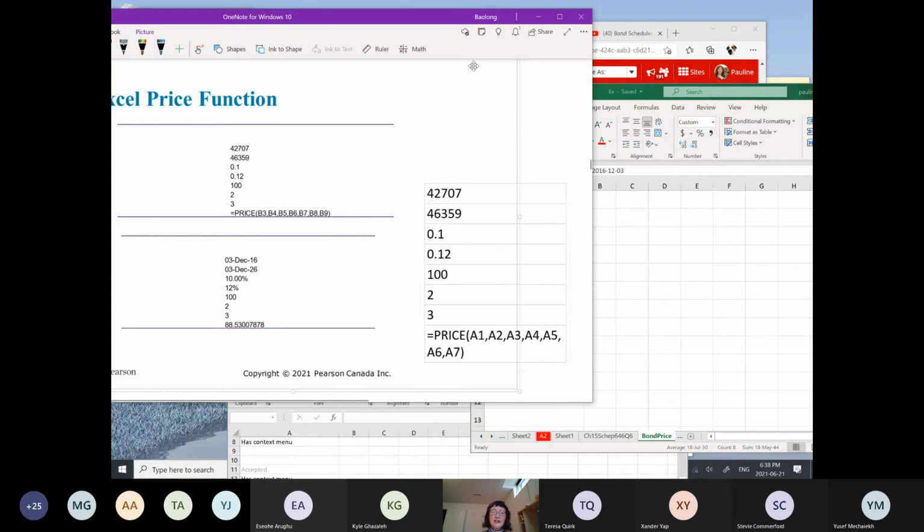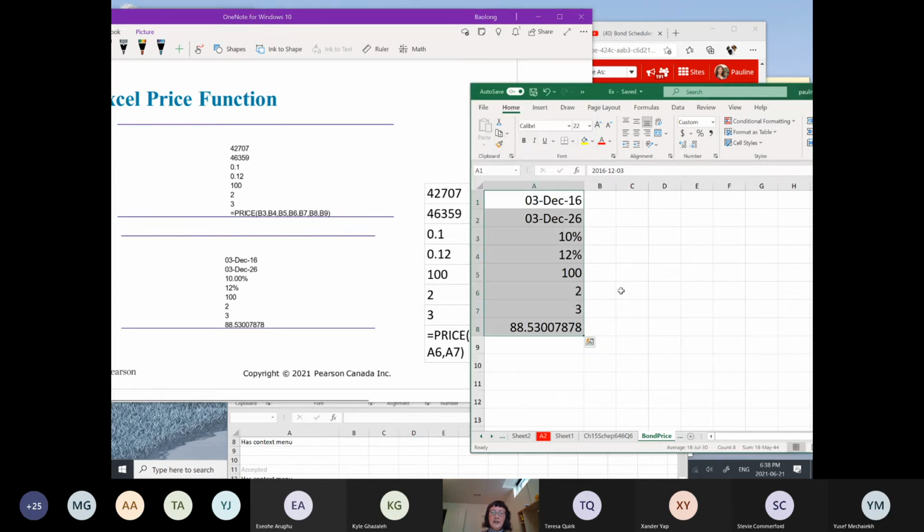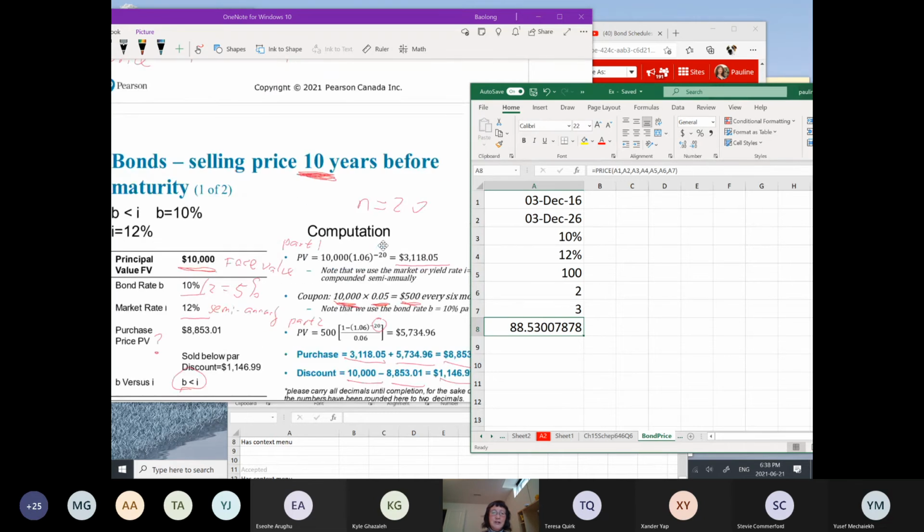Once you have this number, this is based on face value 100. Remember, this is face value 10,000. So you use this number multiplied by 100, and you get this number.